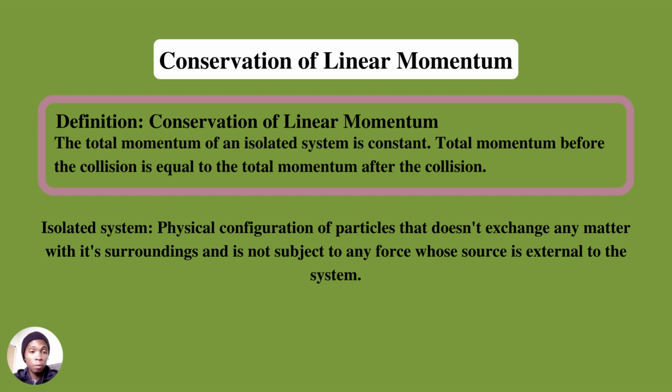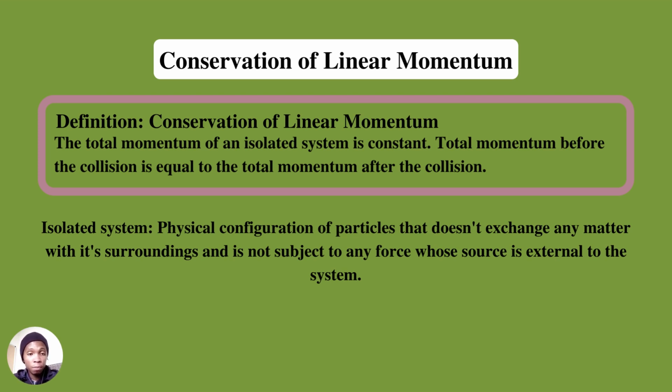Conservation of linear momentum says that the total momentum of an isolated system is constant. That means the total momentum before the collision is equal to the total momentum after the collision, so the change in momentum is equal to zero if linear momentum is conserved.